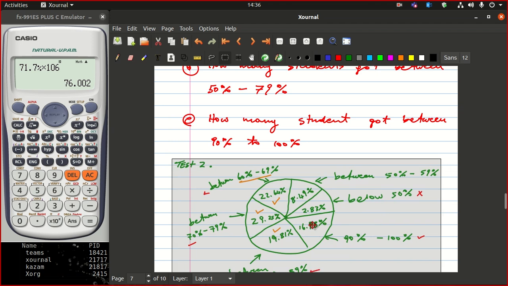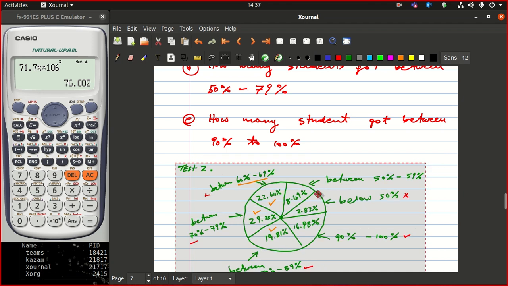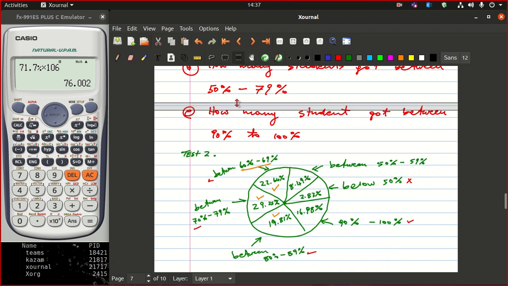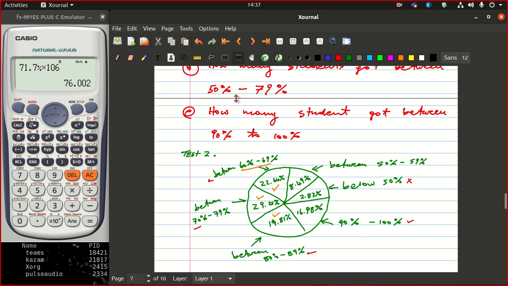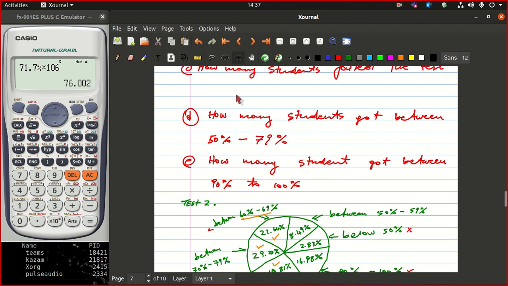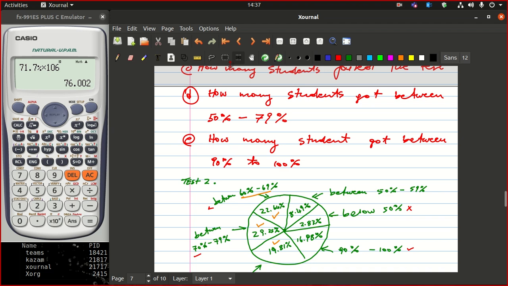So this is the pie chart that we have, and I'm going to make it a little bit smaller so that it is here. And also I'm going to put this a little bit up so that everything can actually appear.